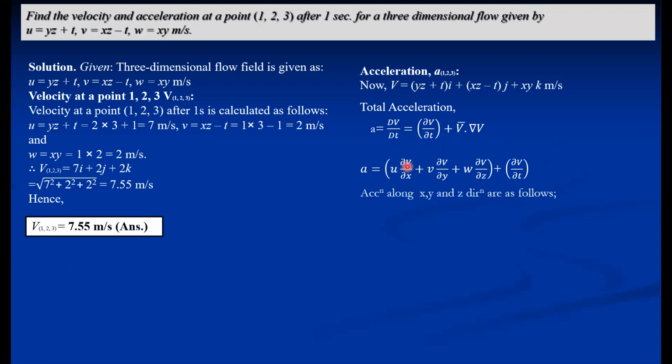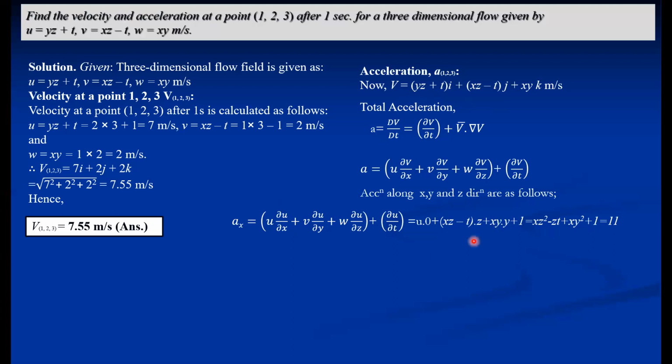Now, for the acceleration along the x, y, and z directions, the capital V is replaced by the x component velocity, which gives us the x component acceleration. Differentiating u with respect to x, it is 0. Differentiating u with respect to y gives z, multiplied by the v component, xz minus t.